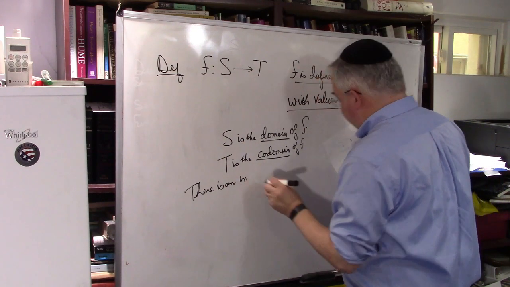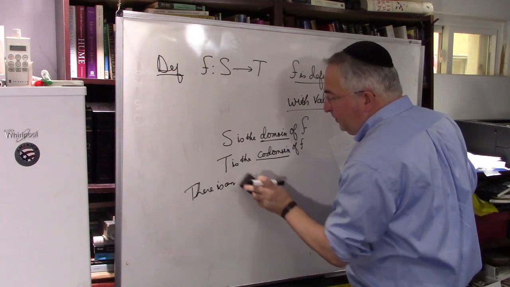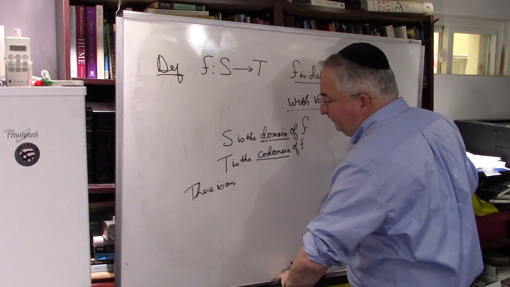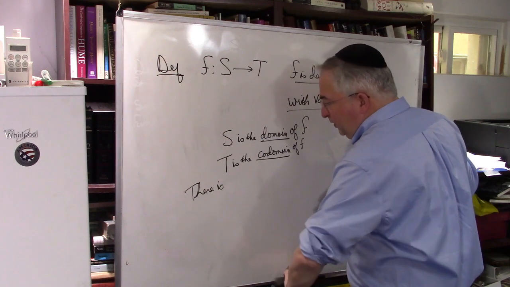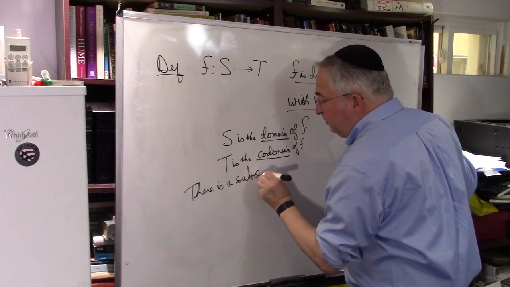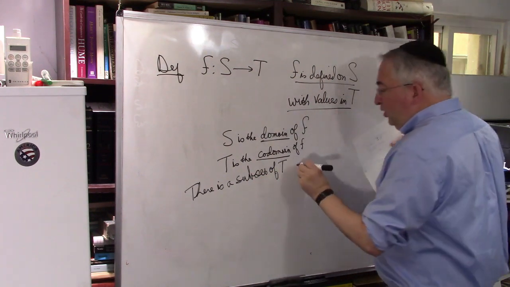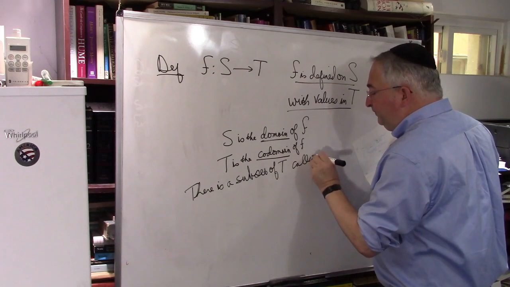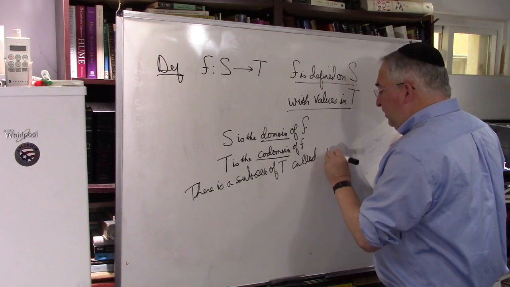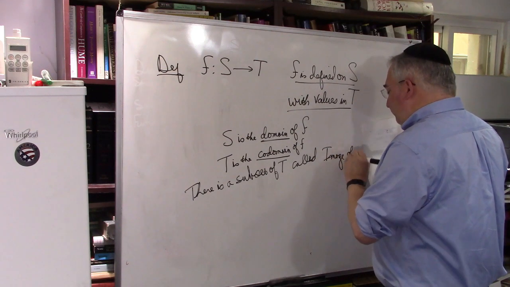Next, there is an image. I'm sorry. Hold on. There is a subset of T called the image of f.